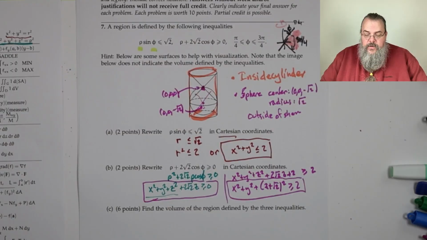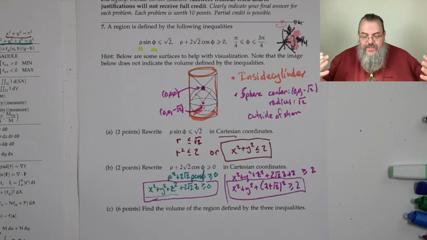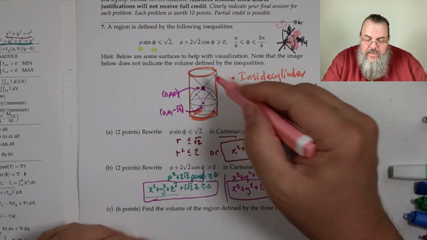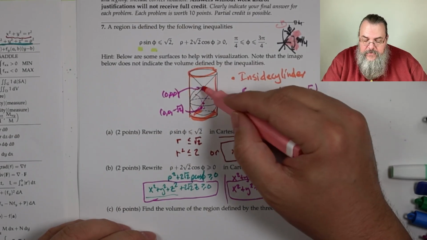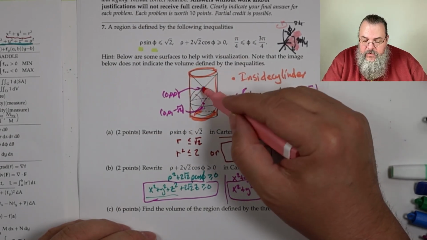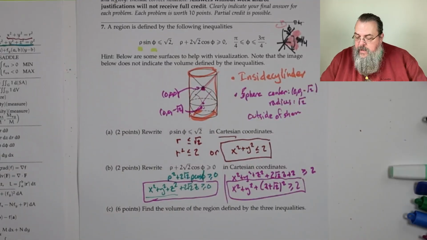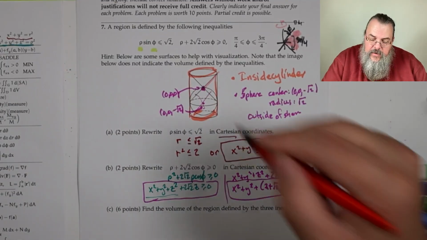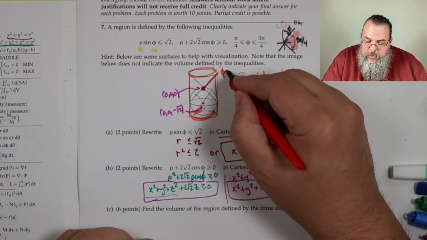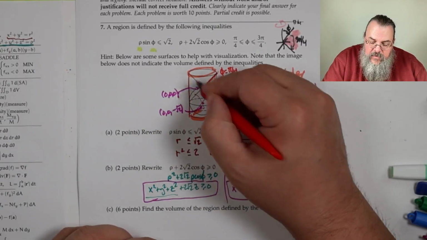So if we put all this together, let's do a cross section. We have to be inside the cylinder. We have to be between these two rays. This ray right here is phi equals pi fourths, same as this side.